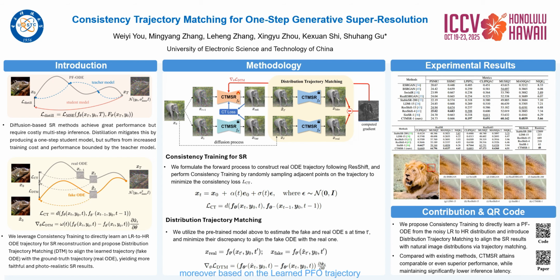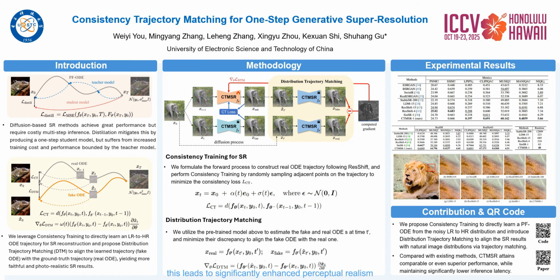Moreover, based on the learned PFODE trajectory, which is capable of transitioning the noisy LR distribution to the natural image distribution, we propose a distribution trajectory matching (DTM) loss to further improve SR results. This DTM loss penalizes the discrepancy between the distributions of our generated SR results and real high-quality images at the trajectory level by matching their respective PFODEs.